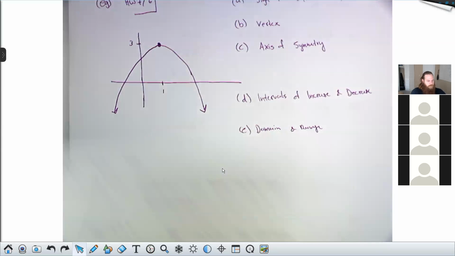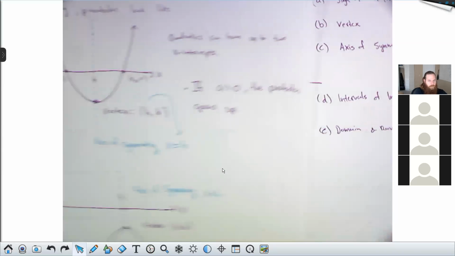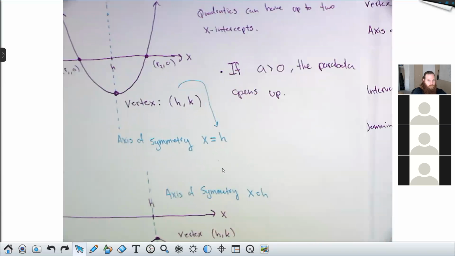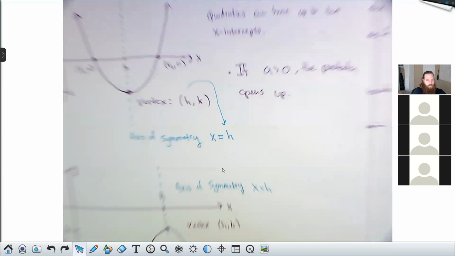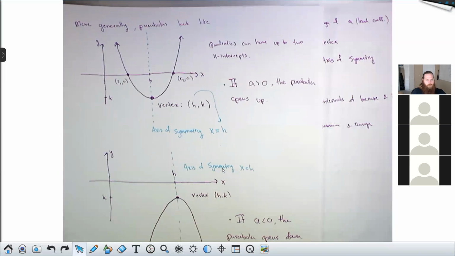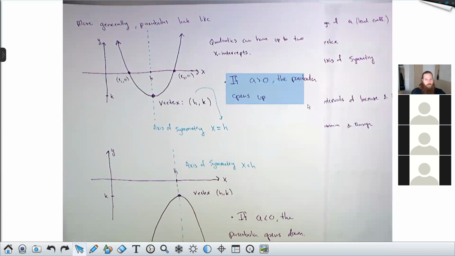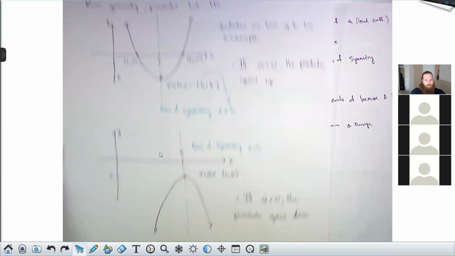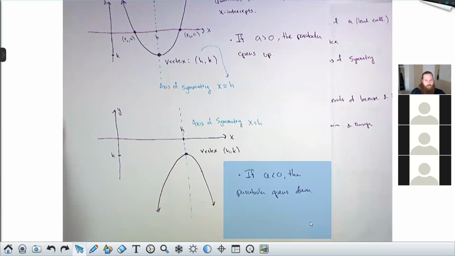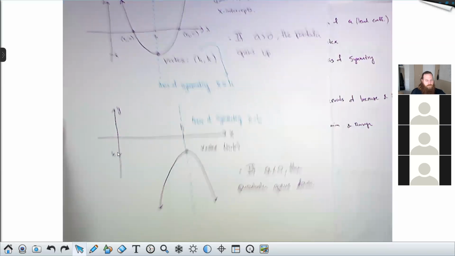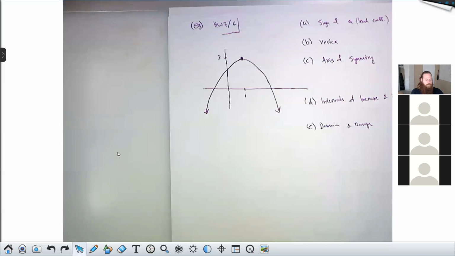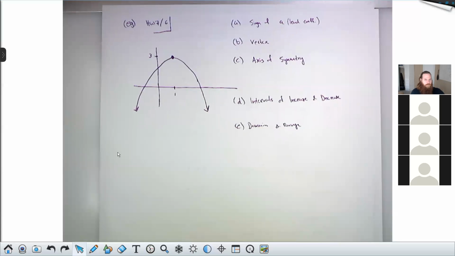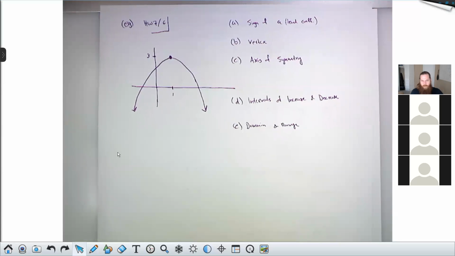So remember what we said here. We said if the lead coefficient is positive, then the parabola opens up like this. If the lead coefficient is negative, then the parabola opens down like this. Is this parabola opening up or down? Yeah, this guy's opening down, right?